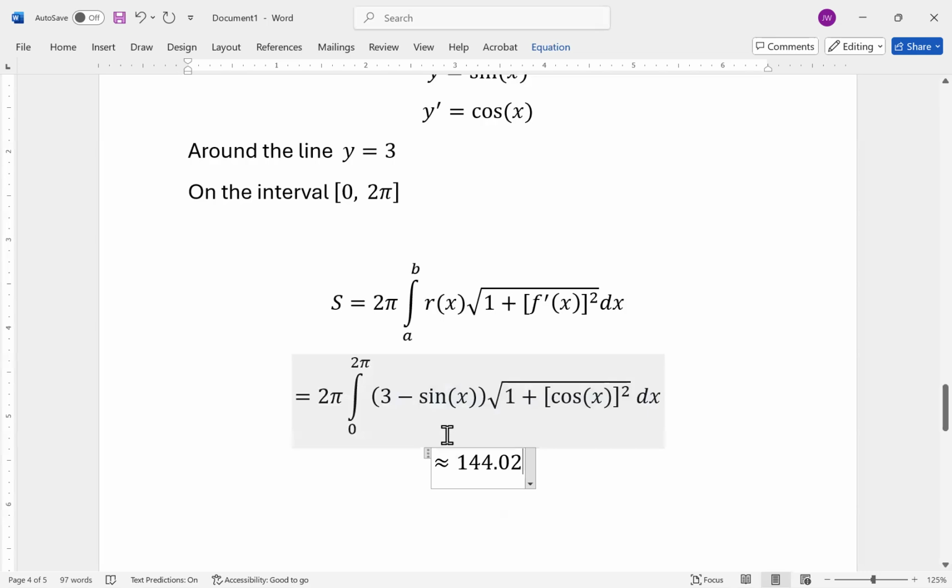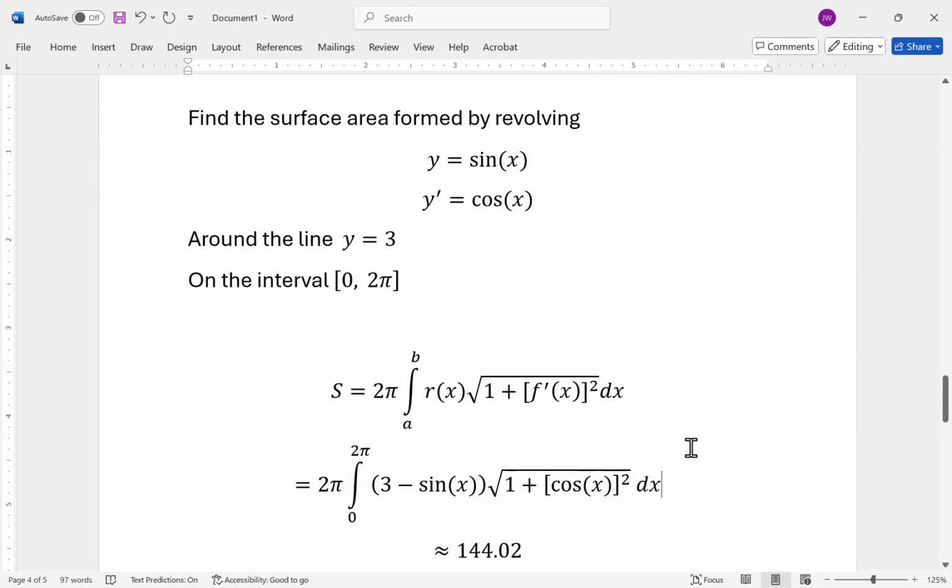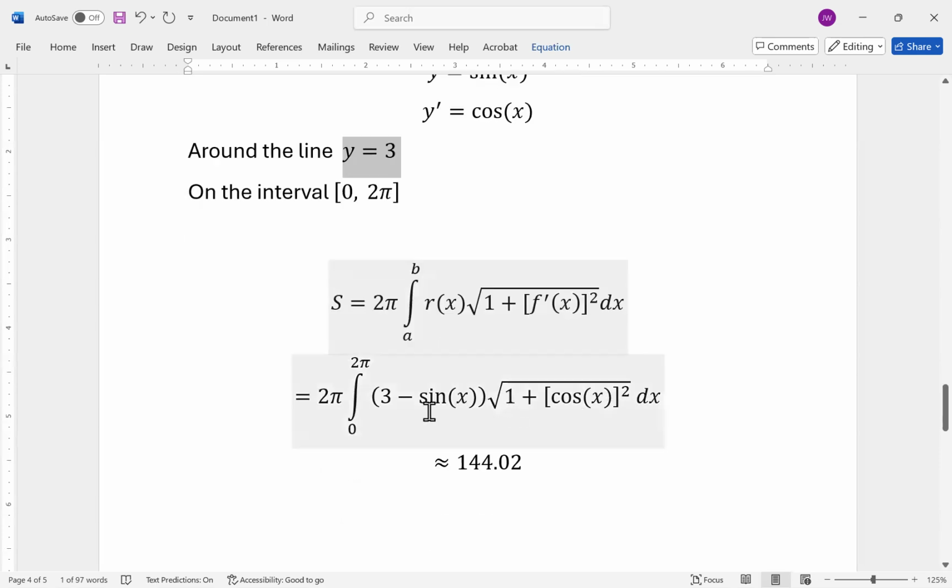If you had to do this by hand, it would be a lot tougher. So this is the idea. This is how we find surface area. In this case, we were using a horizontal line and integrating with respect to x. Therefore, we had my function minus a value, or my value minus my function.